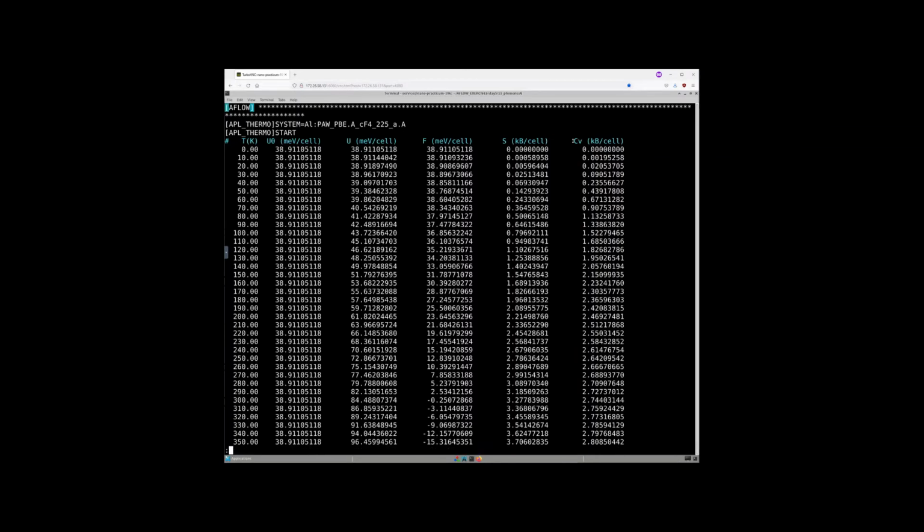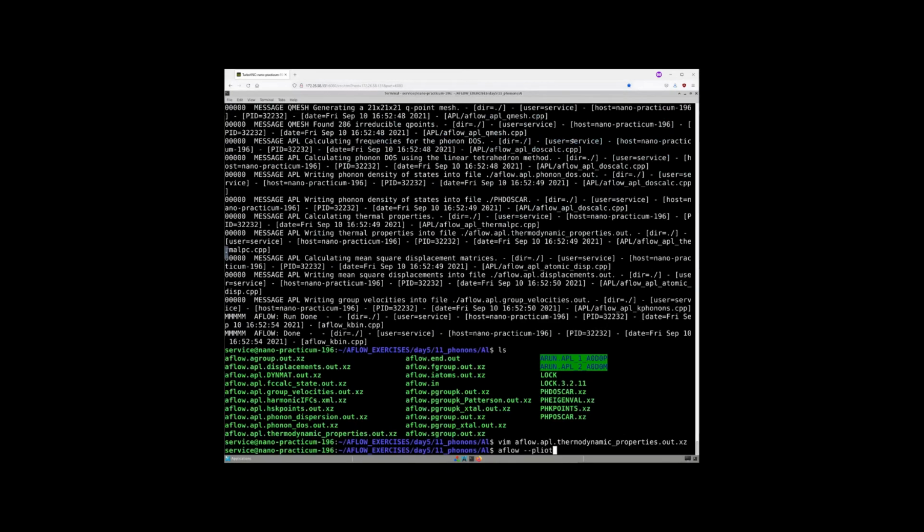You can plot these too. AFLOW-plot thermal, and out file, let's call it aluminum. What this does, I will show you in just a second after I place the command in the chat.